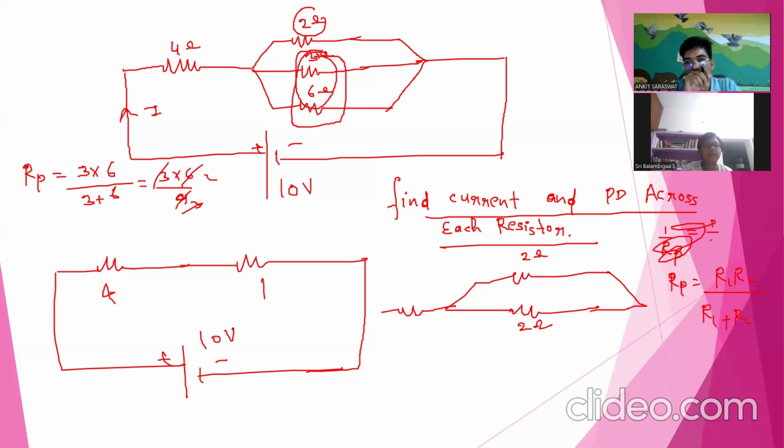No, sir, I don't get that part. Where are you confused? I'm getting confused, sir. In 3 and 6, how to combine? How to combine means like this.